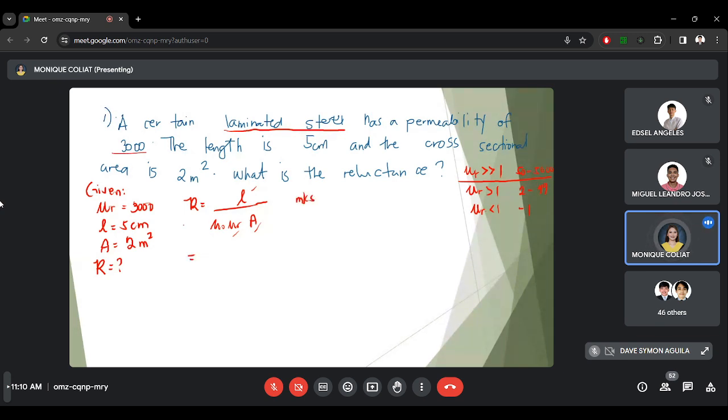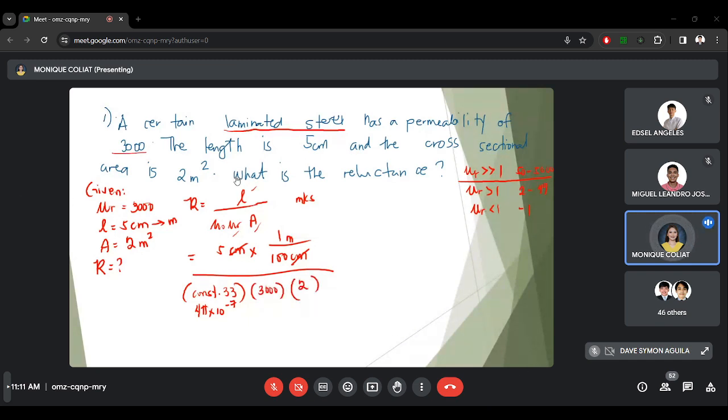In MKS, length is in meters, so convert 5 centimeters times 1 meter over 100 centimeters, canceling centimeters. Mu O is the constant 4 pi times 10 raised to negative 7. Mu r is given, 3,000. Area is 2 square meters, which is already in MKS.